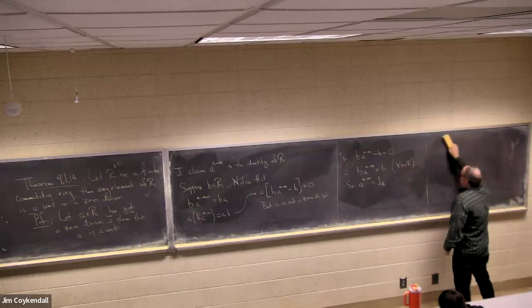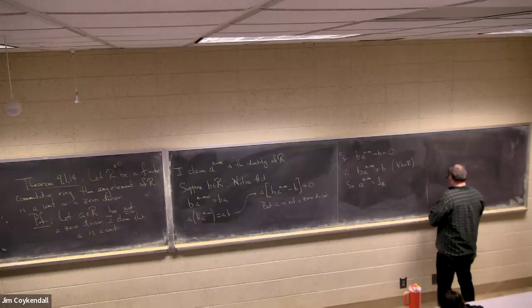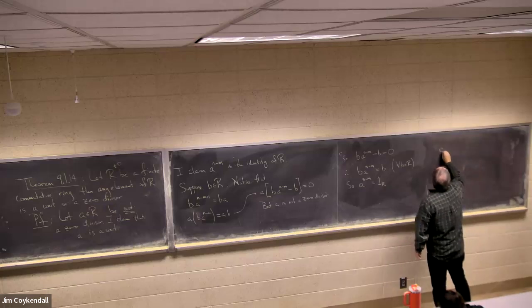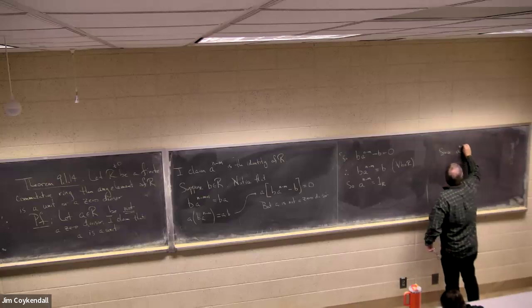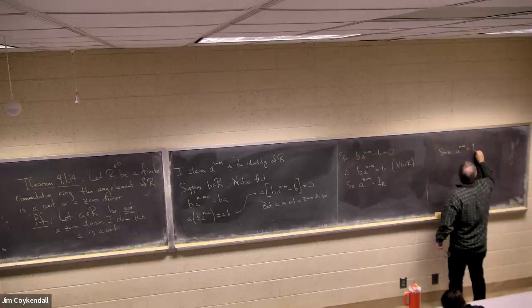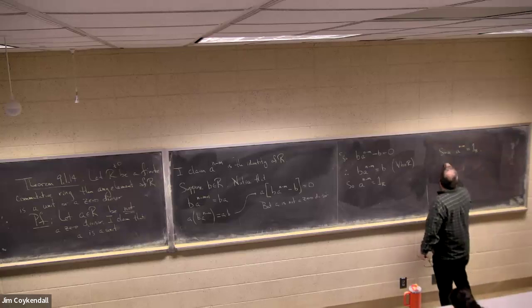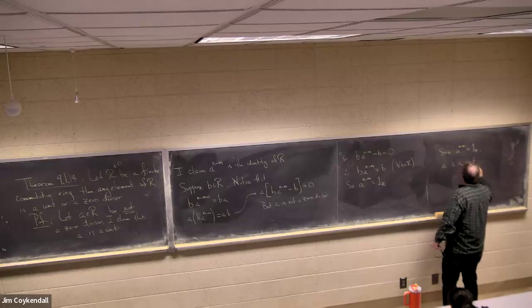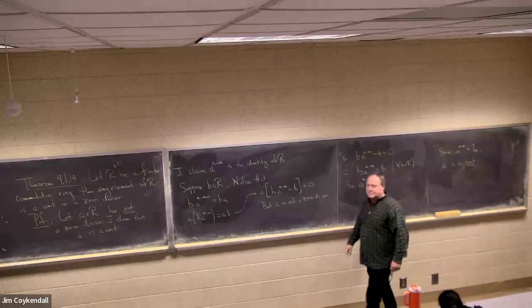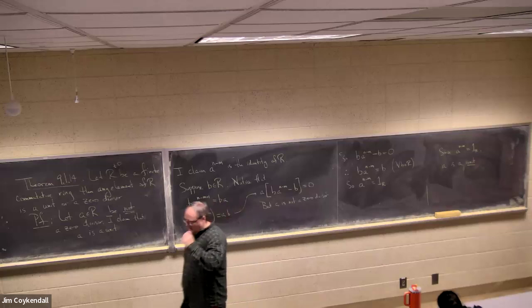And so this concludes the proof, because A to the n minus m is the identity of R, so A is a unit. And there you go.